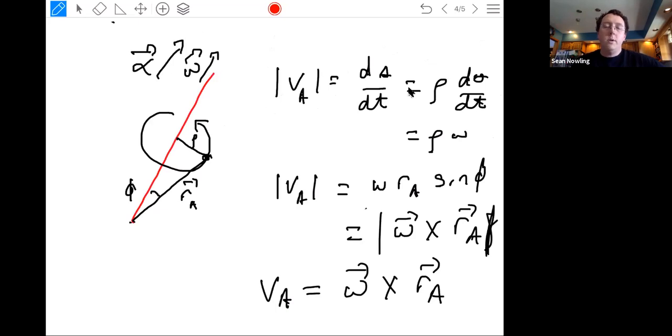So this one is omega cross, omega cross RA. First off, let's do the quantity in parentheses. Omega cross RA is going to be tangent to the circle, parallel to the velocity vector. And then I have to do omega cross the direction of the velocity vector.